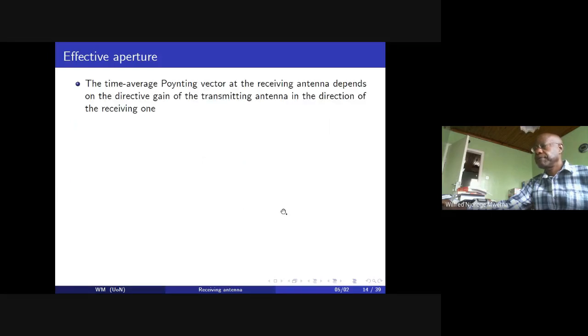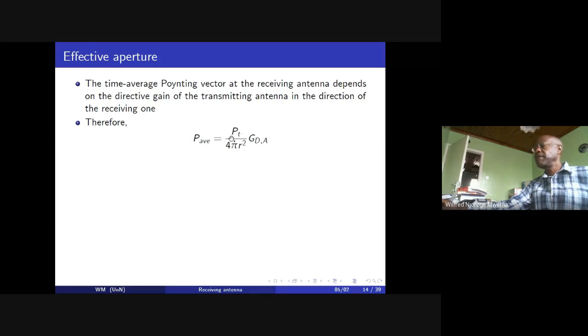So the time average Poynting vector at the receiving antenna will depend on the directive gain of the transmitting antenna in the direction of the receiving one. And therefore, we can write that P average is just going to be given by P_T over 4 pi R squared, that is, the transmitted power assumed to be transmitted equally in all directions.